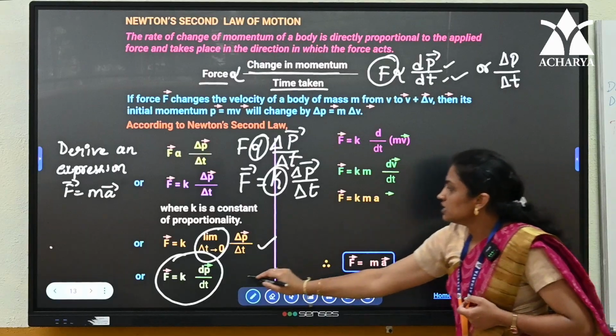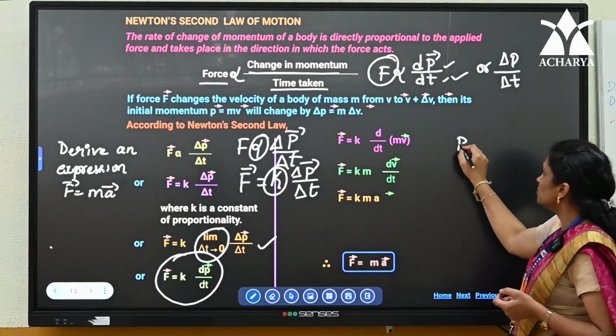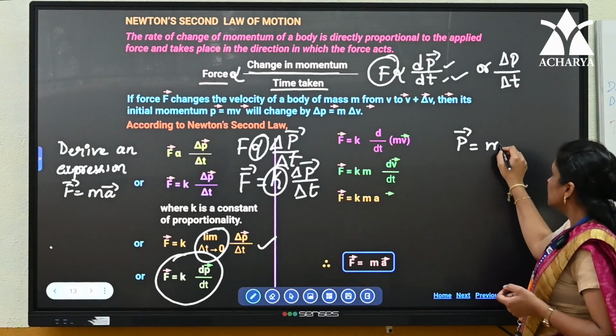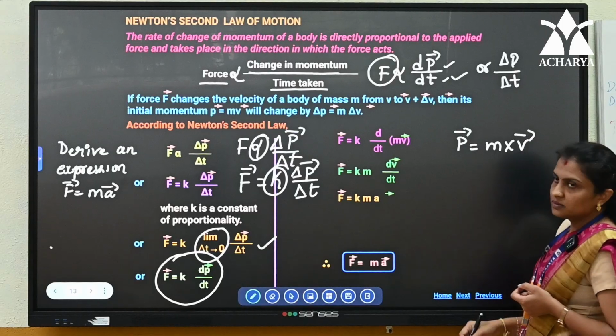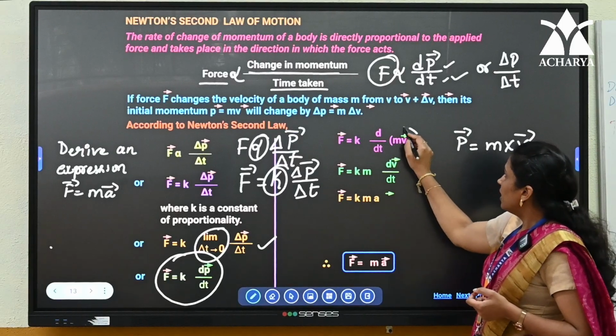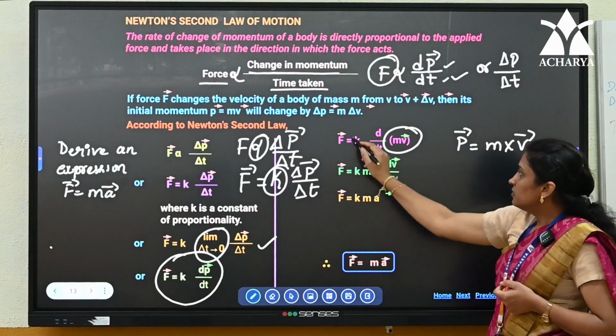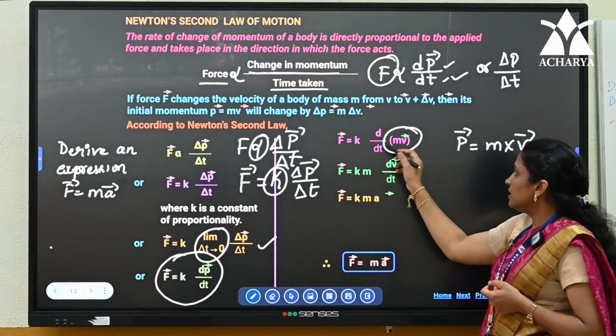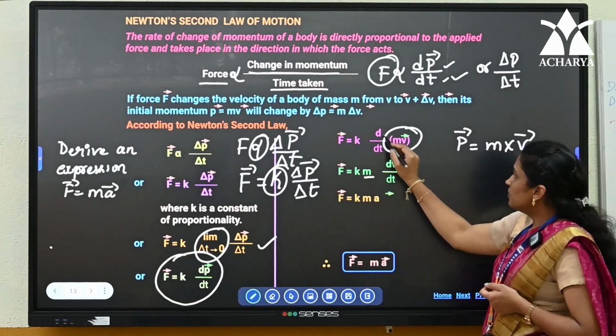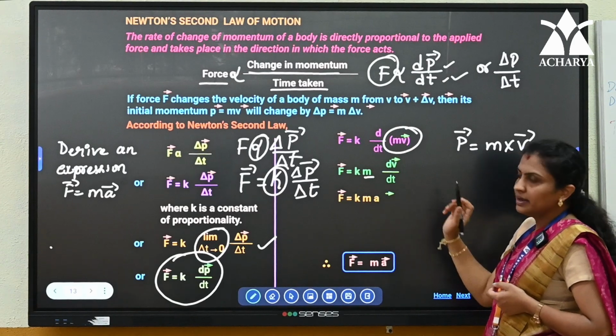Then what is P vector? We know the definition of momentum. P vector is equal to mass into velocity. Then F vector is equal to K into, you can take M outside, the remaining thing is dV vector by dt.